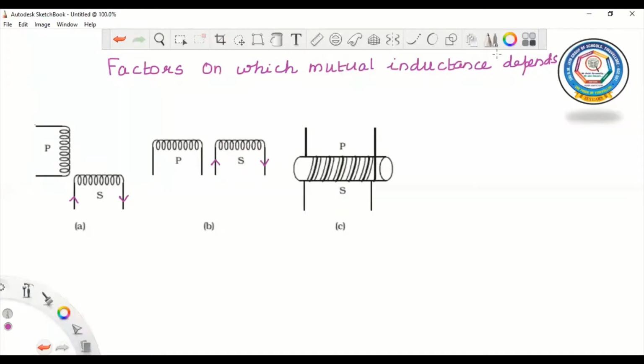Now let's see the factors on which mutual inductance depends.